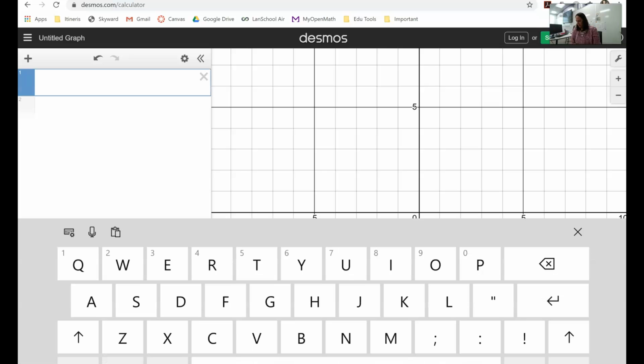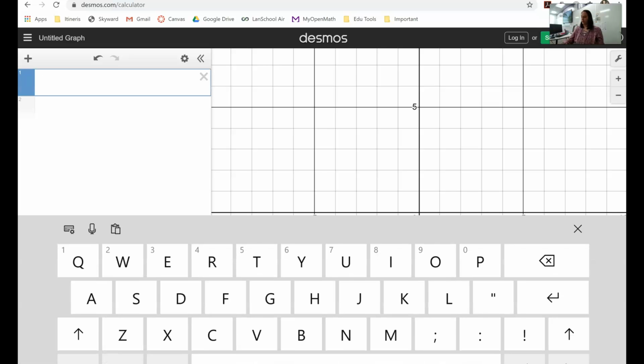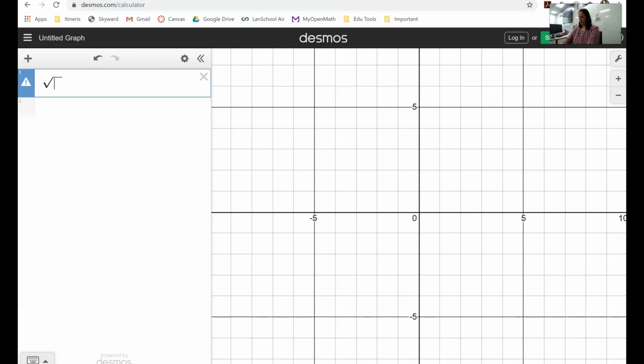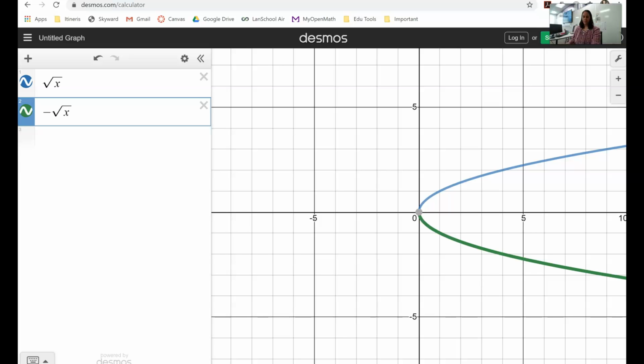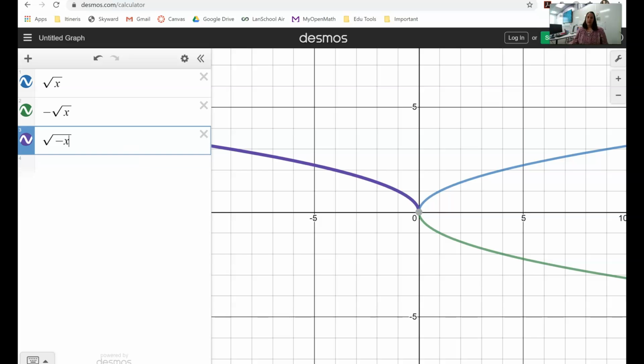Let's plot our original equation. If you want to do square root, you type SQRT, and it transforms it into a square root. So there's our original. Now I put a negative on the outside, and I get the green one. And then I'm going to put a negative on the inside, and I get the purple one.